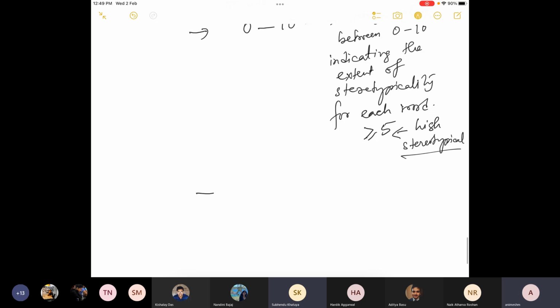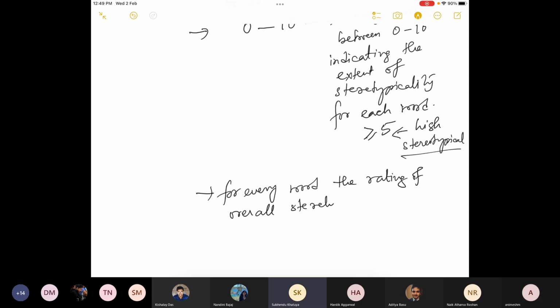So for every word, the rating of overall stereotypicality was obtained from the crowd workers.